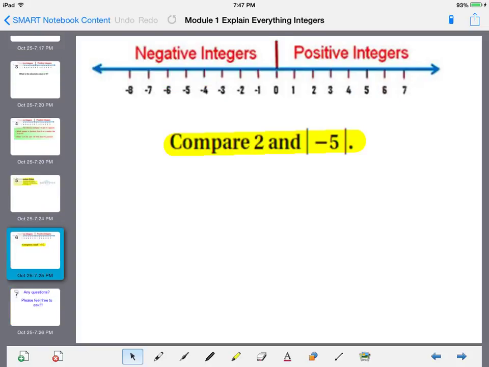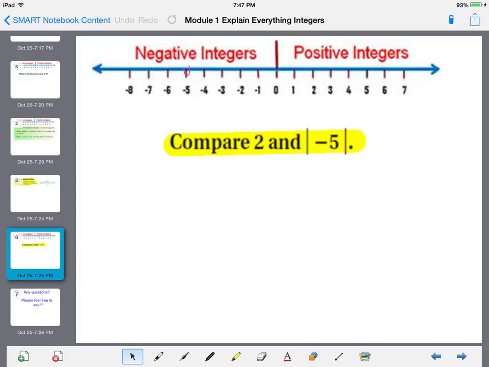With that said, if we're comparing 2 and the absolute value of negative 5, you're going to automatically think that 2 is greater because you think, well, 2 is greater than negative 5. But be careful, because this question is asking you the absolute value of negative 5.